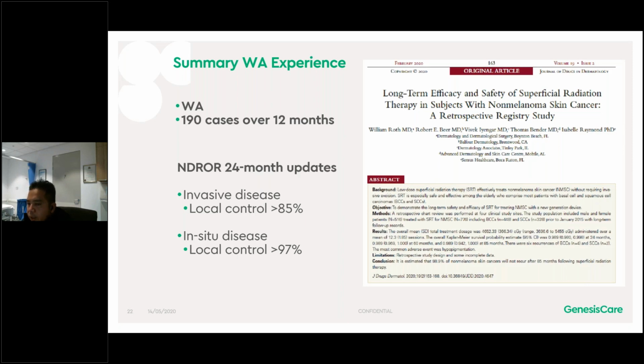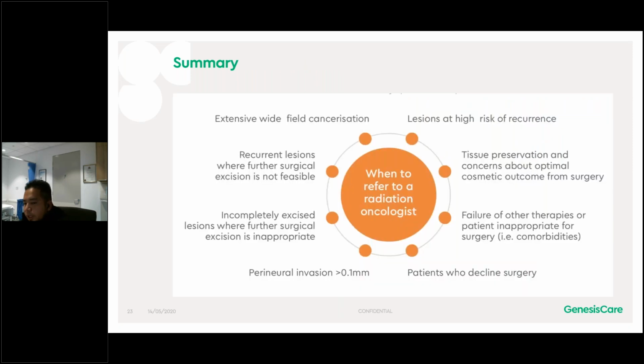So we expect that with our radiation treatment, even in Western Australia, we'll probably be looking at about 90% local control.